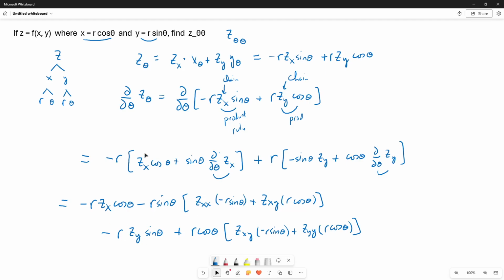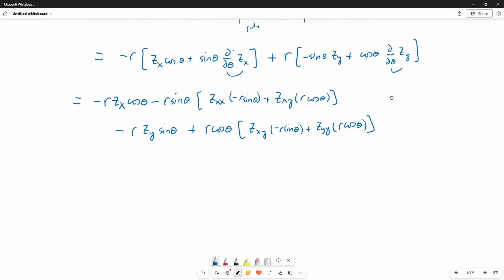We can clean it up a little bit. So let's see what we have here. Negative r z sub x cosine theta, and then we'll distribute here.